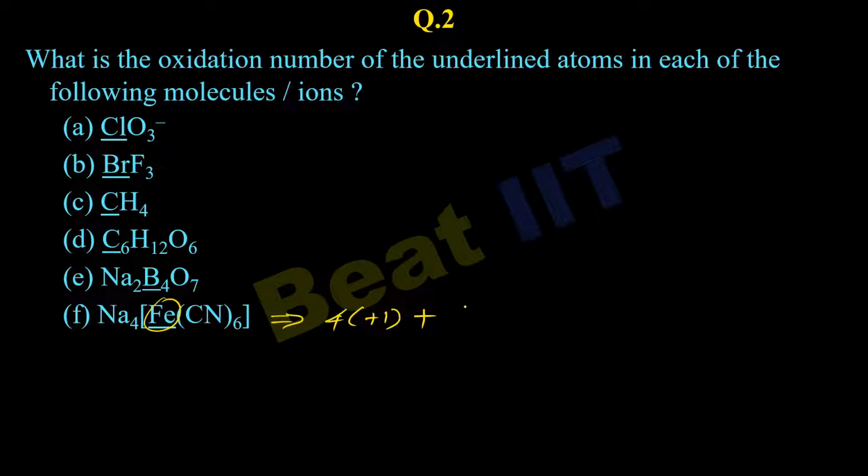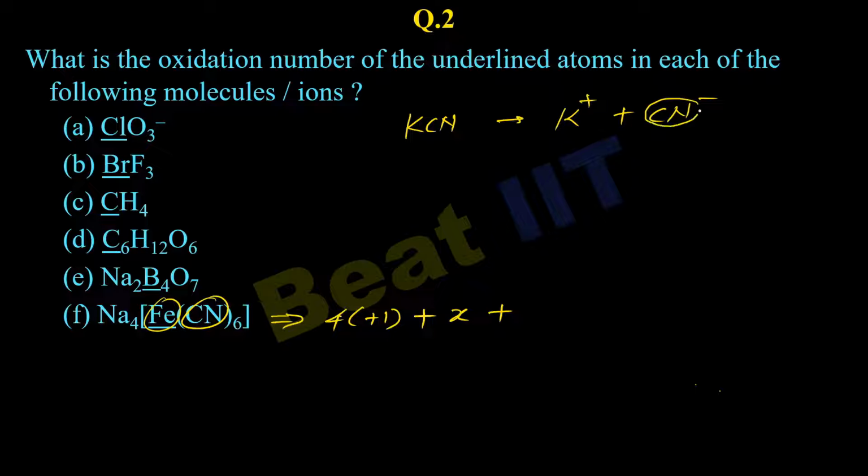Then we have iron to be calculated as X, plus 6 times CN, and CN is cyanide. So for example, you have KCN. KCN will get ionized as K plus and CN minus. So you can take the oxidation number of the cyanide ion as minus 1. You don't need to write the oxidation states of carbon and nitrogen here.